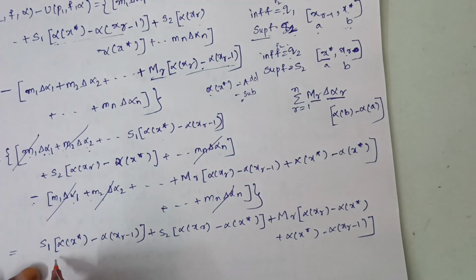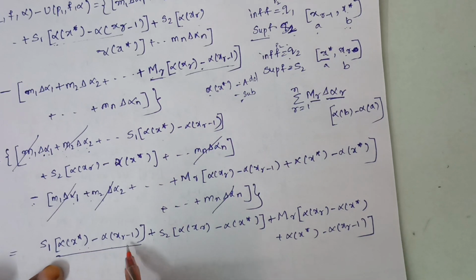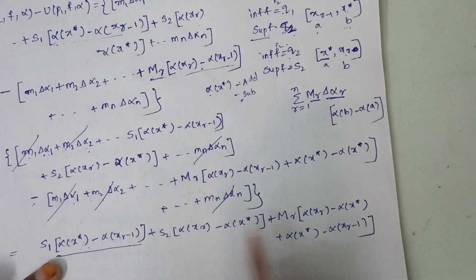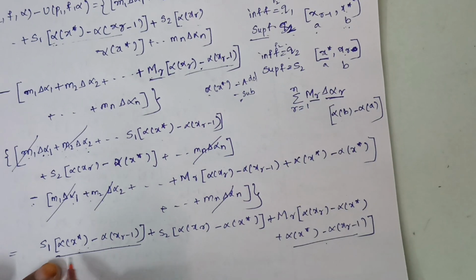So if you see the first one, alpha x star minus alpha x r minus 1 and alpha x star minus alpha x r minus 1, from these both terms I can take this common.